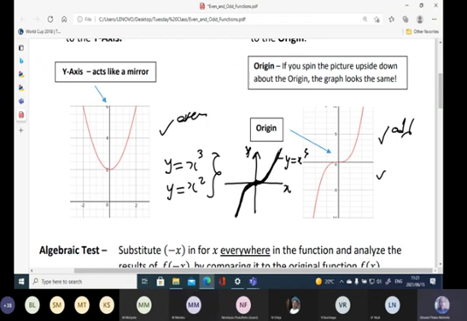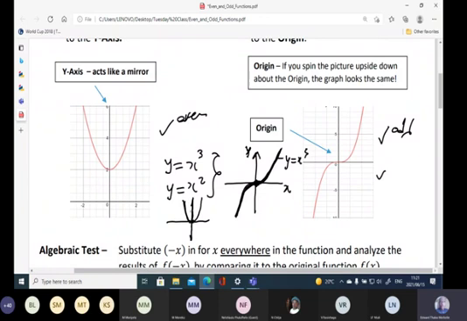Yes, sir. So this clearly shows that this is symmetrical about the origin. But now for y equals x squared, it's like you looking in the mirror. What you see there is a mirror image of you.